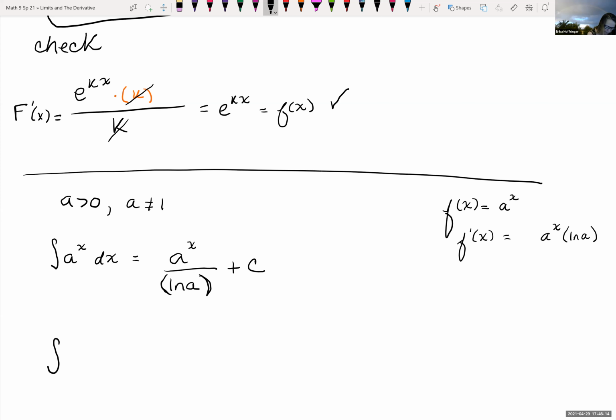What if that coefficient wasn't just x, 1x, it was a raised to the k times x dx? Well, remember, we would have to look at the derivative of the exponent. So we have to deal with that, divide by that k, and the natural log of a, plus c.